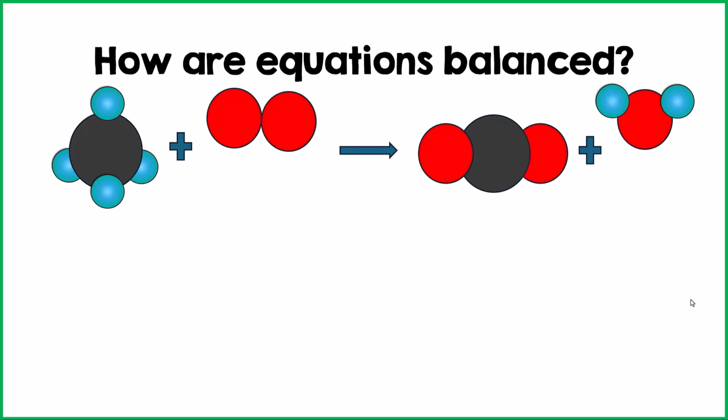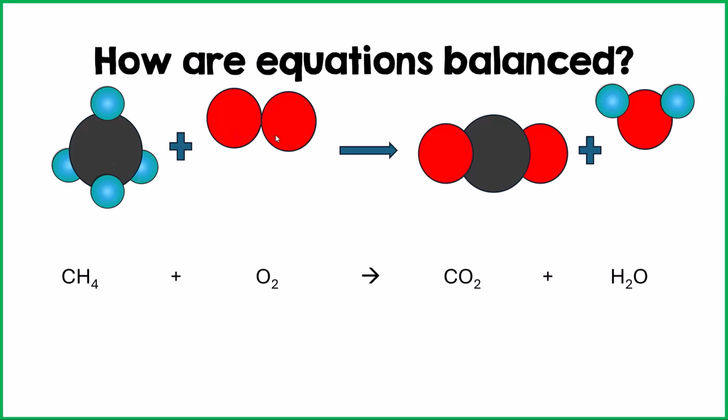So how are chemical equations balanced? Well, let's look at our particle formula for this equation. CH4, or methane, plus O2 yields CO2 plus H2O. Here are our particle diagrams for those molecules. CH4, or methane, has 1 carbon atom and 4 hydrogen atoms.